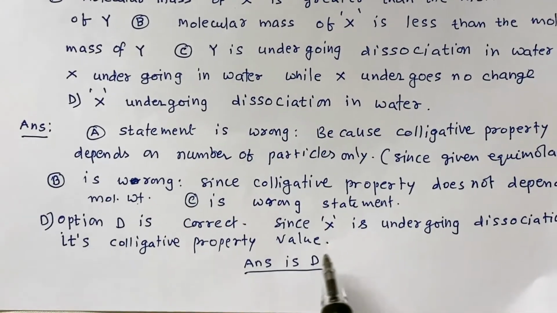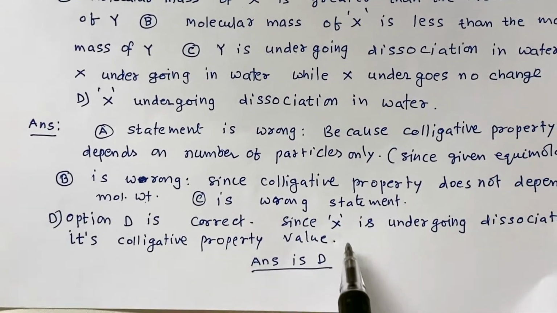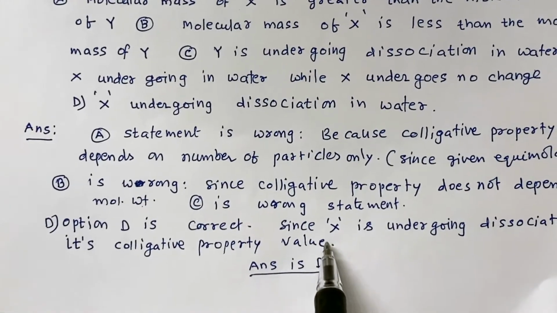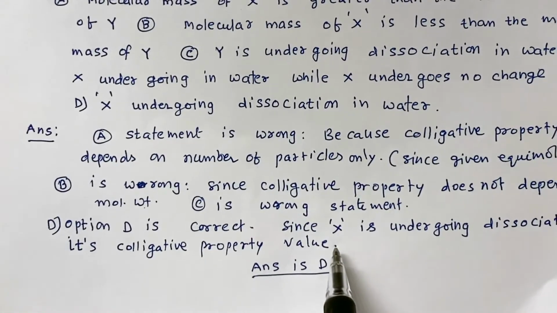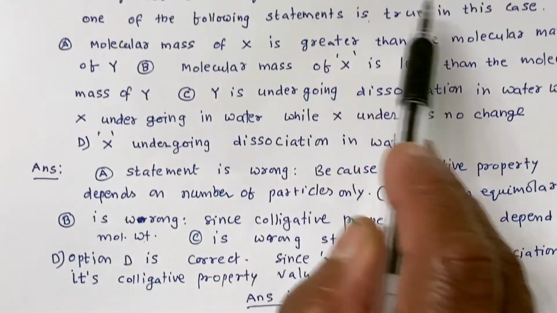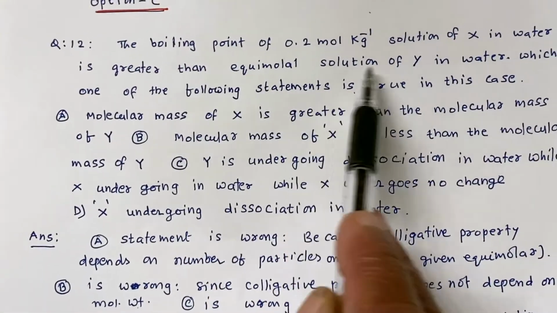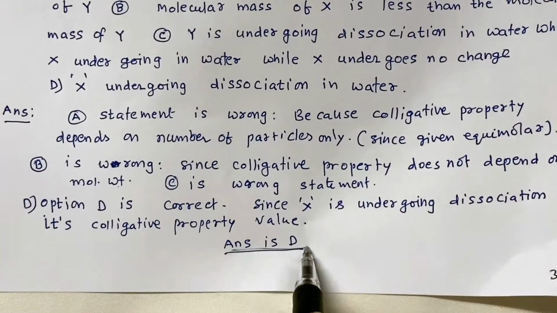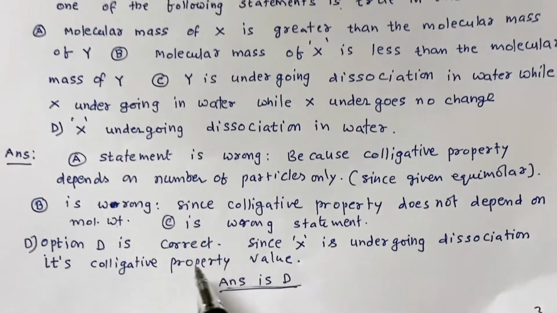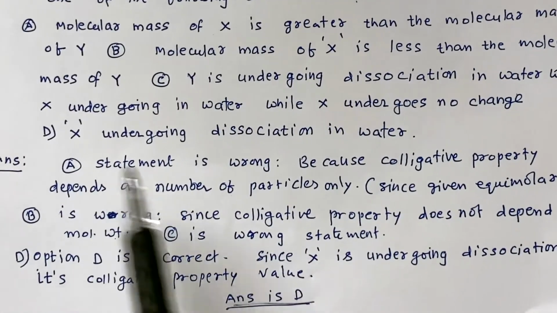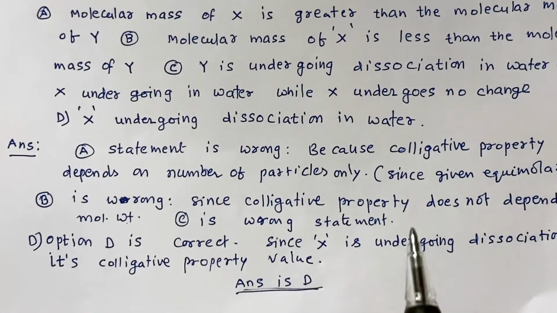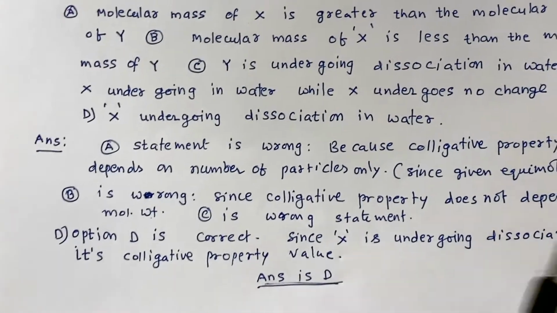Normally on dissociation it forms more particles, though they are equimolar solutions. So answer D. This one is a little tricky. Most students will take A, but A is not the correct answer. D is the correct answer.